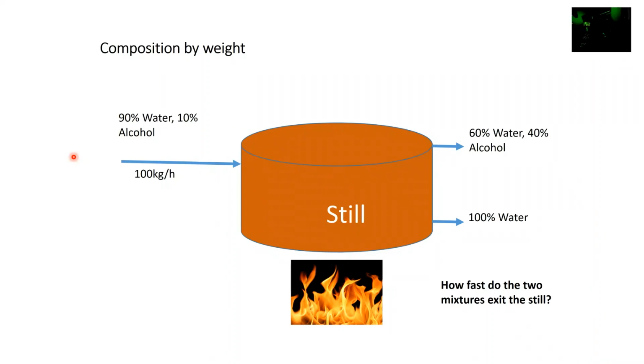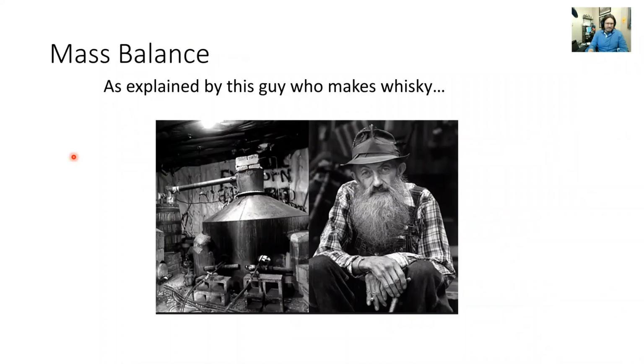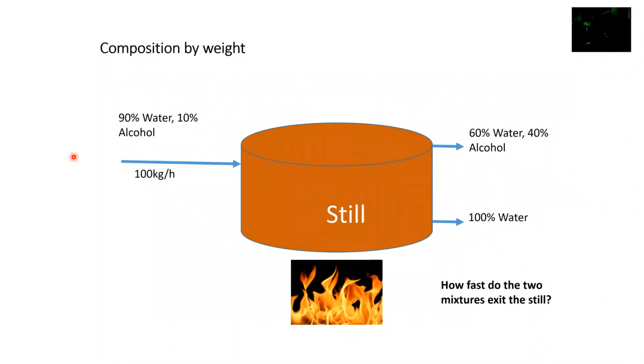You can use distilling in a metal refining process, and we'll see an example later in this class of zinc and cadmium, I believe, which you can separate by distillation. Alcohol is also used in industrial uses, so it doesn't have to be a whiskey guy.